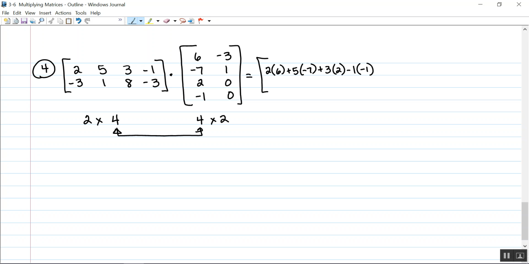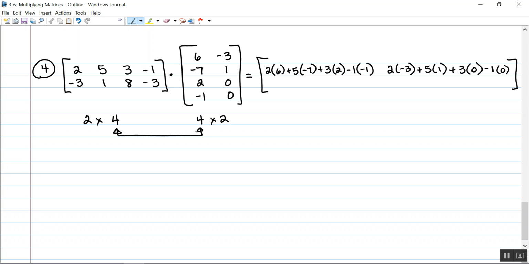Now let's go across the first row and down the second column. 2 times negative 3 plus 5 times 1 plus 3 times 0 minus 1 times 0. I always like having zeros. That's nice. And that, simplified, is going to be the second element in my matrix.